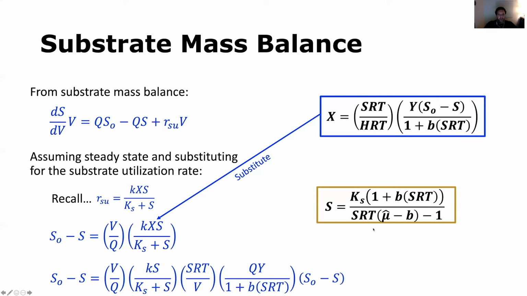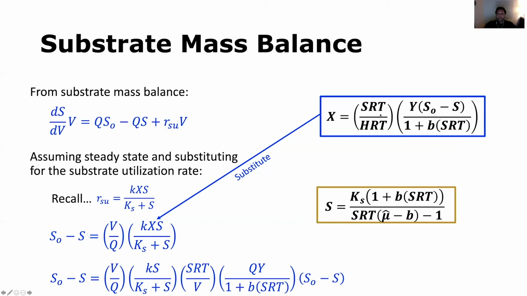All right, and remember that this maximum specific growth rate can be related to this K value right here from our previous slide. So here you can see that both the biomass concentration in the reactor and the substrate concentration leaving the reactor, which is the effluent BOD or the effluent COD, are both related to the solids retention time.